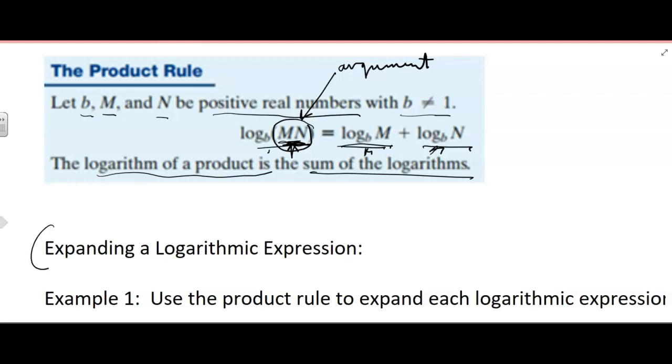We call this process expanding a logarithmic expression. Now, the next 2 properties we go over will also be helping us to expand a logarithmic expression. So get used to this wording because there are questions where we say we want you to expand the logarithm. And by expanding, they mean pulling it apart into these individual logarithms that are not as complex.